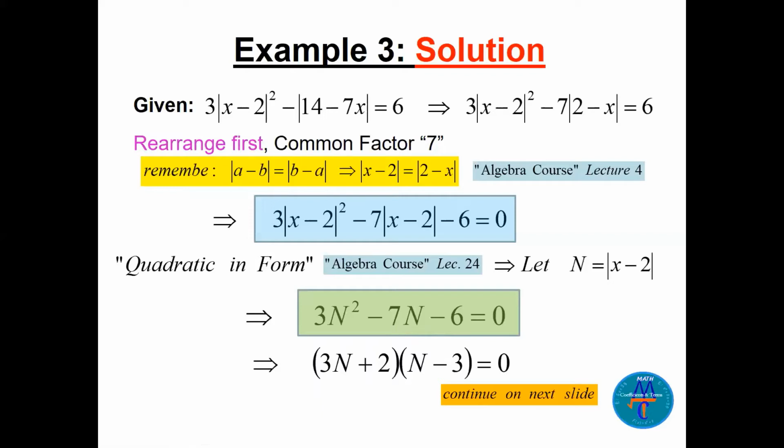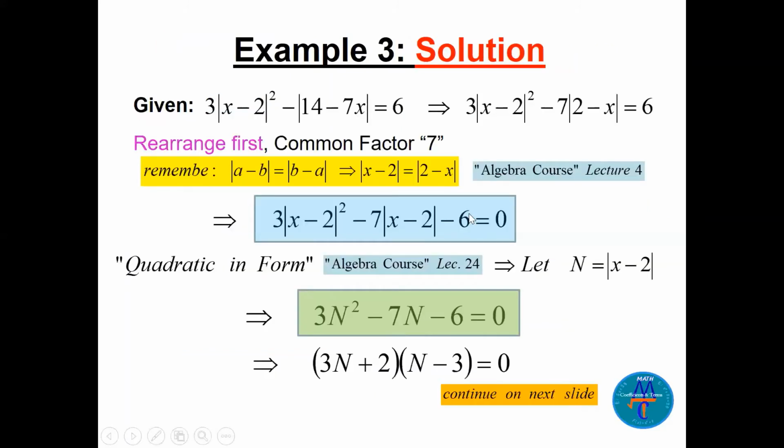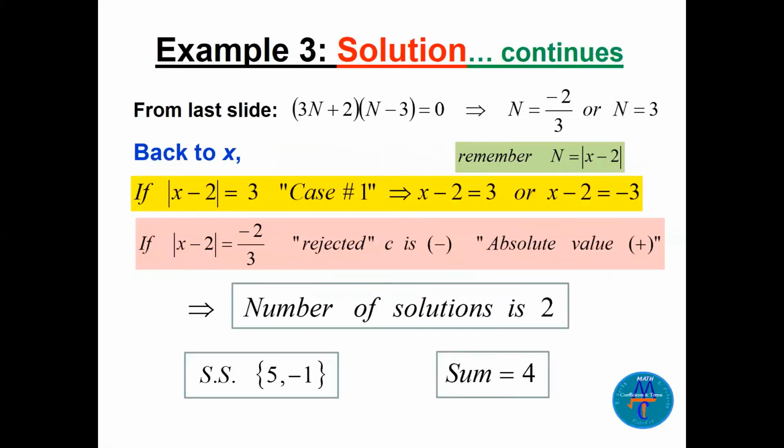We find n. Then remember we said go back to x. So we find n here. n will be minus 2 over 3. See, this is the factoring here, 3n plus 2 and n minus 3, or n will be 3. Remember that n is the absolute value of x minus 2. Now, if the absolute value of x minus 2 is equal to 3, see, I started with the positive one here.